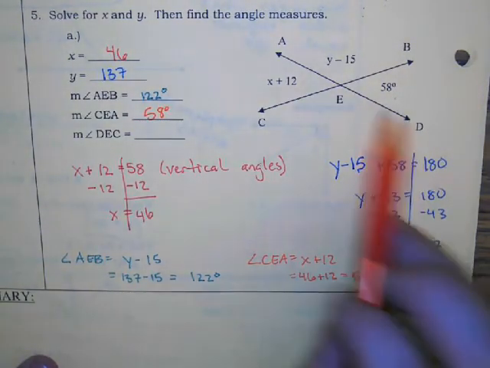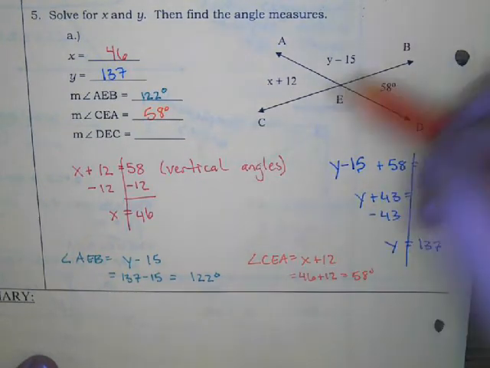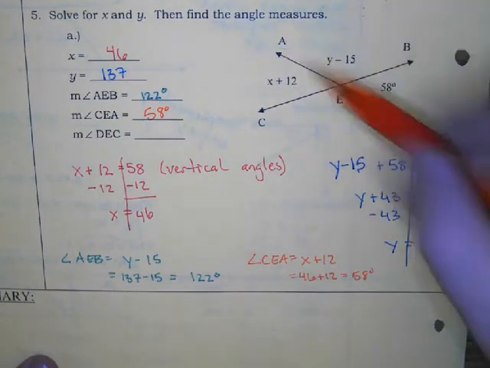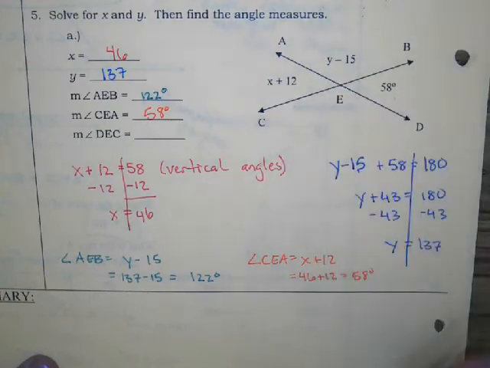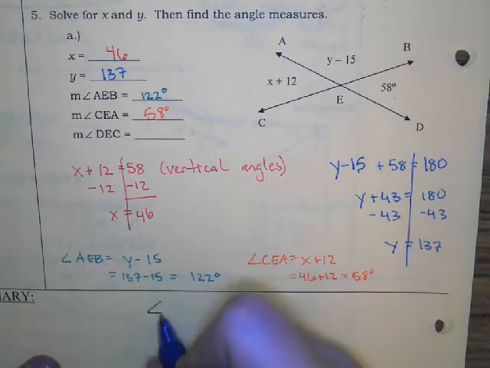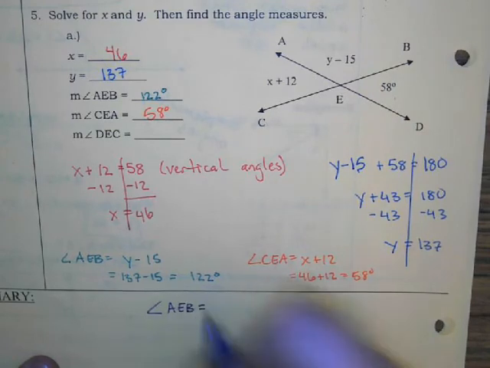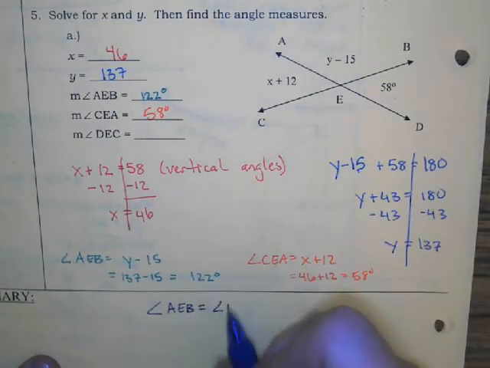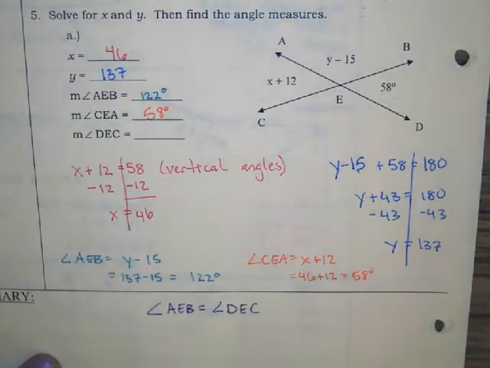And then if we look at DEC, well, it's vertical of AEB. So AEB and DEC are equal. So I can use that idea to help me finish up this problem. So we'll say that angle AEB is equal to angle DEC, vertical angles.